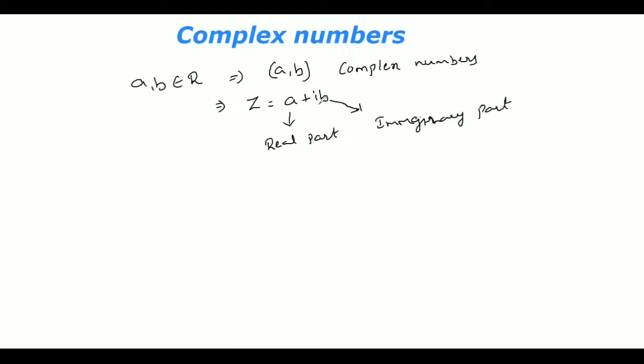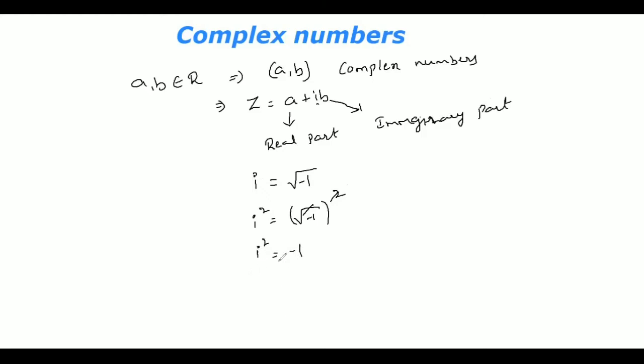And here i is nothing but i = √(-1). When you square both sides, i² = (√(-1))². Here the square root and square cancel, so you will get i² = -1.